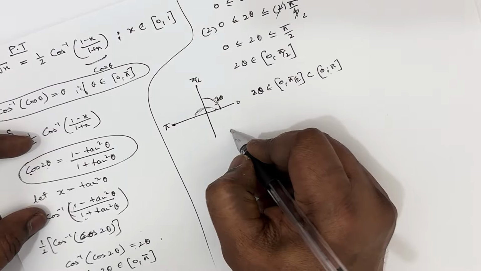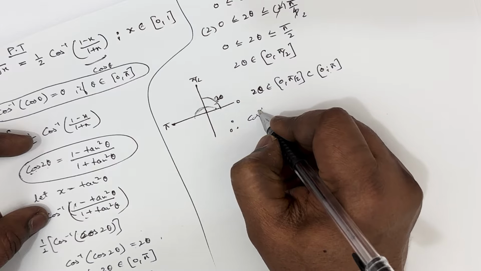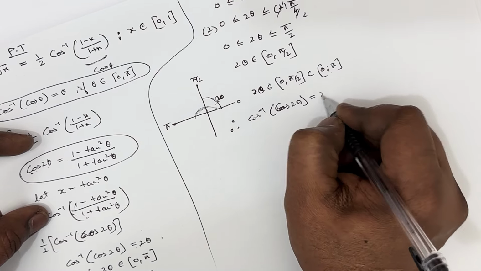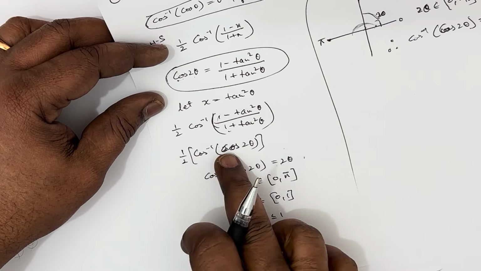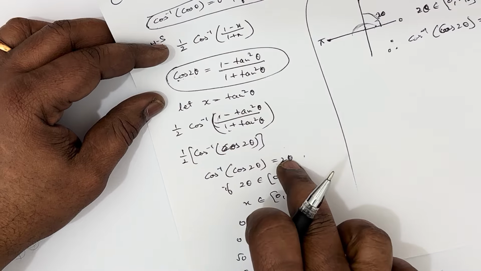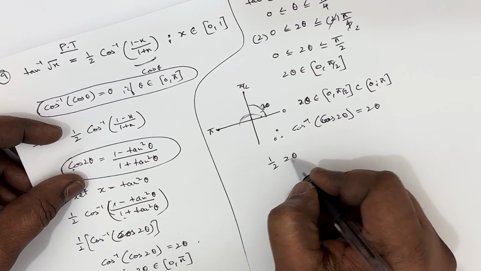Since this is the range, cos inverse cos 2 theta is equal to 2 theta. So now here, instead of this we can put 2 theta, so we can write 1 by 2 into 2 theta.